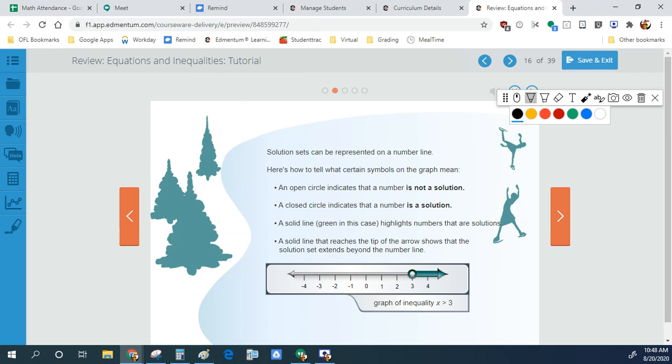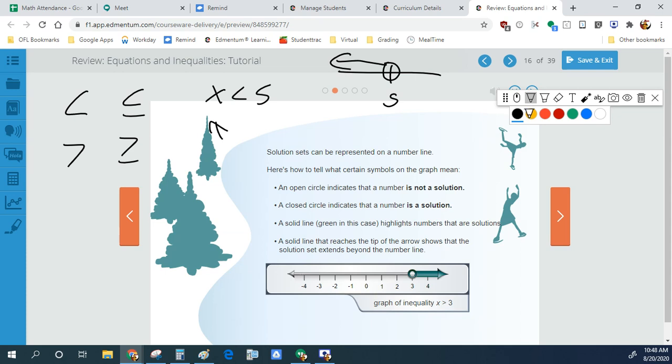The one thing I do want to talk about is when you have a less than sign versus a less than or equal to sign, or a greater than sign versus a greater than or equal to sign. Let's say we have x is less than 5. Again, we use our cool little trick: the x is on the left. So here's our 5. If it's less than, it's an open circle and it goes that way.